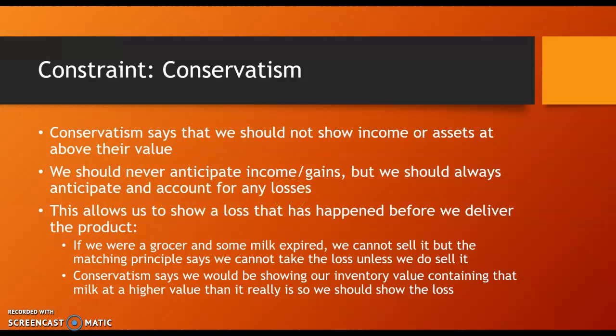So when the milk goes past its expiration date, we can anticipate that we have a loss on that gallon of milk, and we can go ahead and record it even though we didn't sell it. That allows us to show this loss that happened before we deliver the product or before we junk the product.